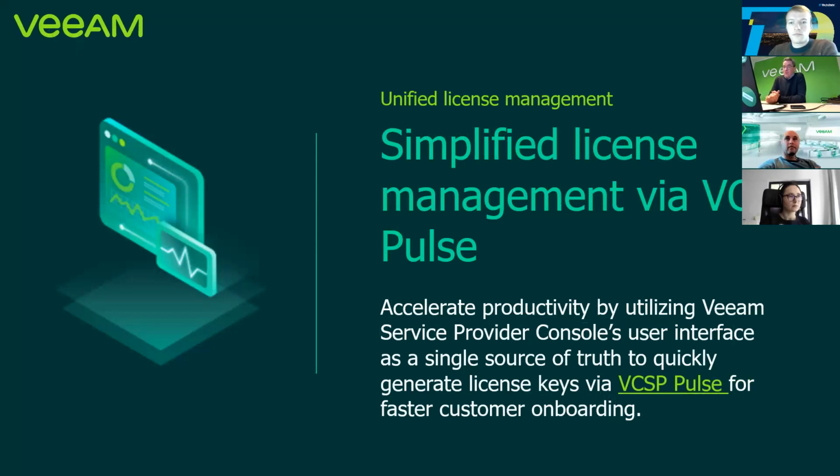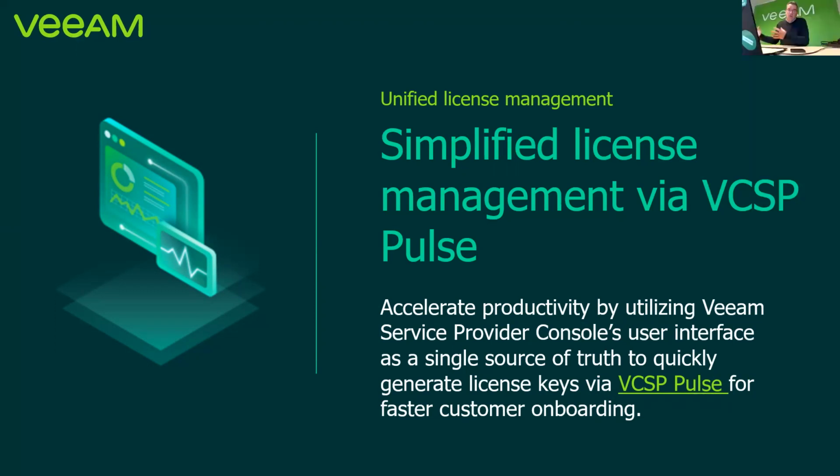Also, with regards to licensing itself, there is a link now with version 6 between Pulse, which is a tool that you all know pretty well by now, and it's pretty much appreciated for sure, because it allows you to cut licenses when needed. Well, the same functionalities are now included in the service provider console.